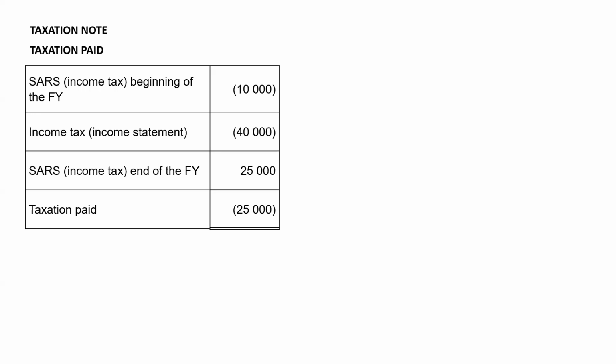Now again, SARS income tax at the end of the year, how do we deal with it? If SARS income tax at the end of the current year is in trade and other receivables, you show it with brackets, because that means that you overpaid your tax for the current year. You will only receive it next year. But for this year, you show it with brackets. If it is in trade and other payables at the end of the current year, you show it without brackets.